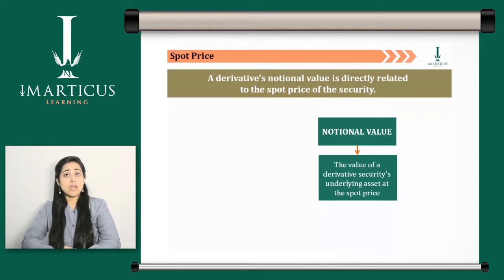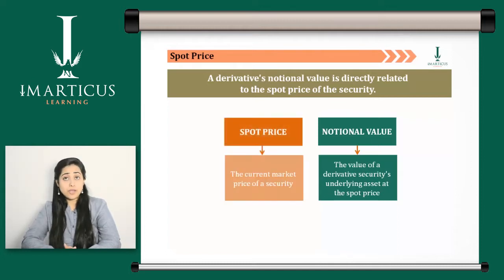The notional value is the value of a derivative security's underlying asset at the spot price. The spot price is the current market price of a security that buyers and sellers agree upon at a particular time and place. The spot price is important in the derivatives market because it is the price at which buyers and sellers agree on the value of an underlying asset.